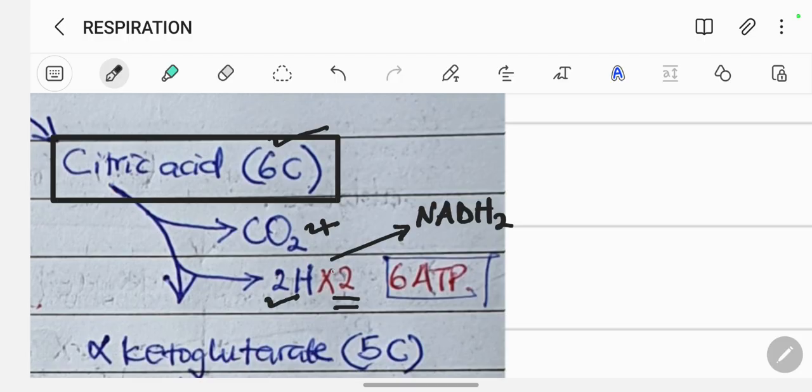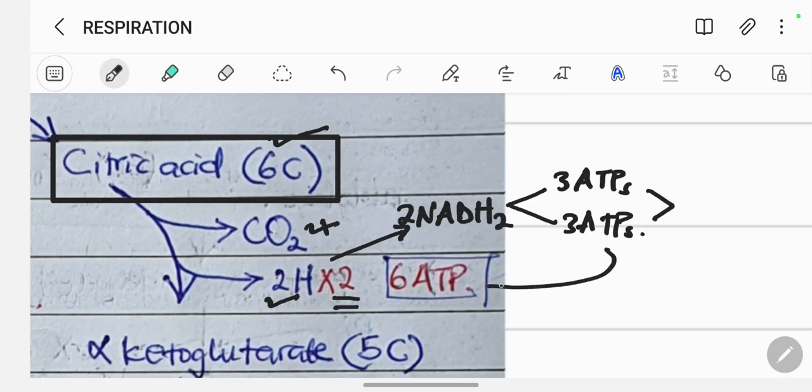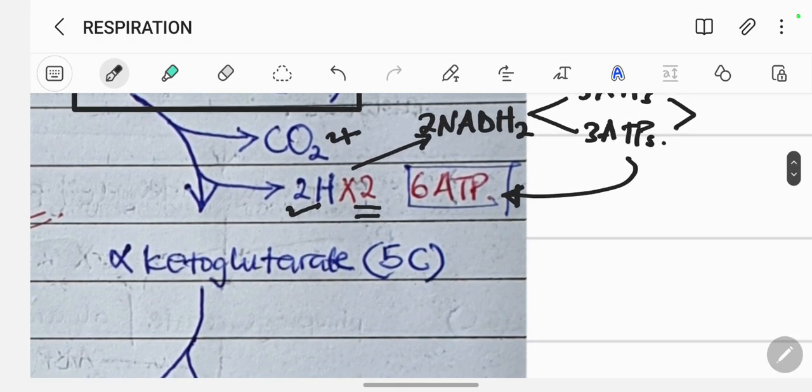Remember NAD can only take 2 hydrogens. So if there are 4, we need 2 NAD molecules. And every NAD molecule gives us 3 ATP. We have 2 NAD molecules, so 3 ATPs each, and when you combine this, they give you the 6 that you're seeing there.